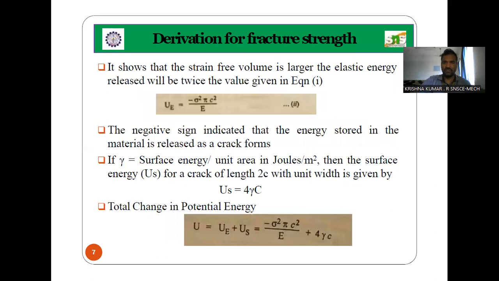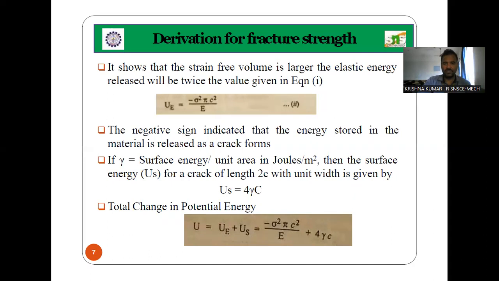Derivation for fracture strength. It shows that since the strain-free volume is larger, the elastic energy released will be twice the value given in the equation. U is equal to minus sigma square pi C square by E. The negative sign indicates that the energy stored in the material is released as a crack forms.